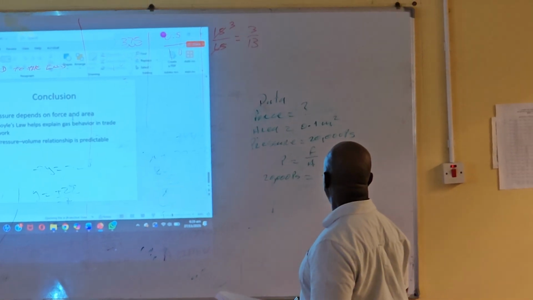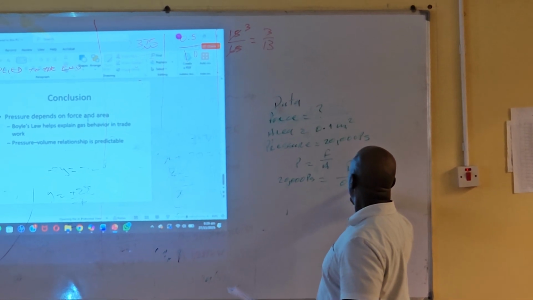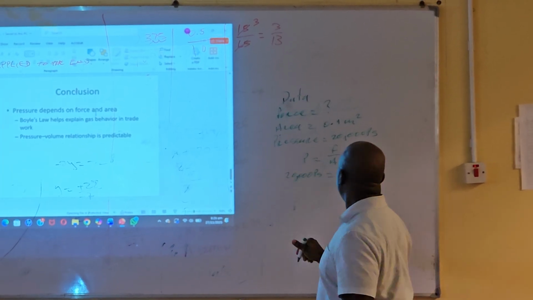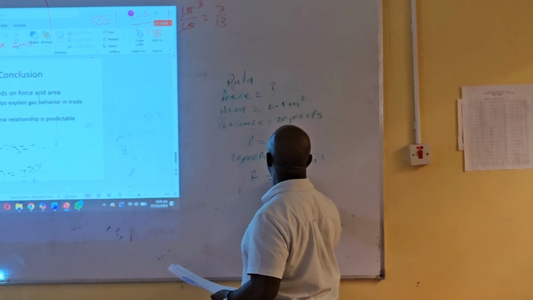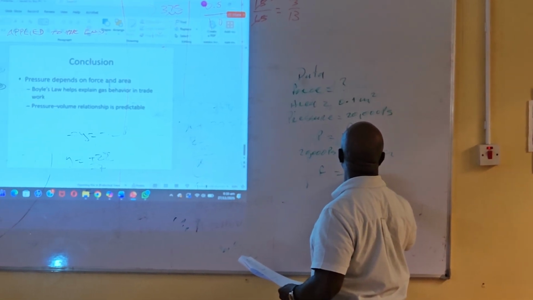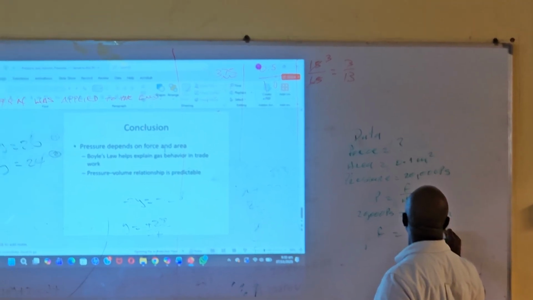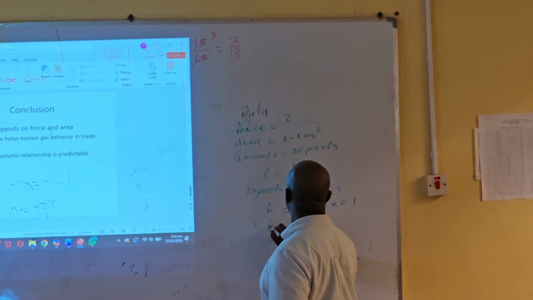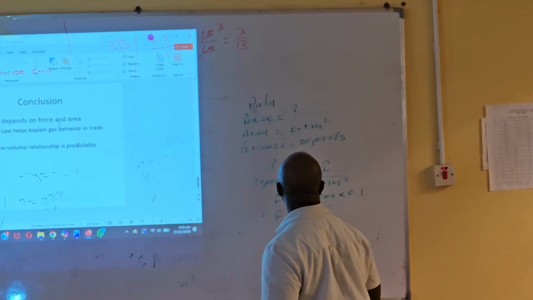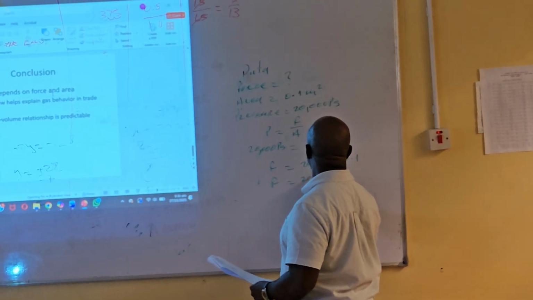How do we solve that? Now this is divided. When you come over to the other side, it will be multiplied. So therefore, force will equal 30,000 multiplied by 0.1. And that will give you what? 3,000.